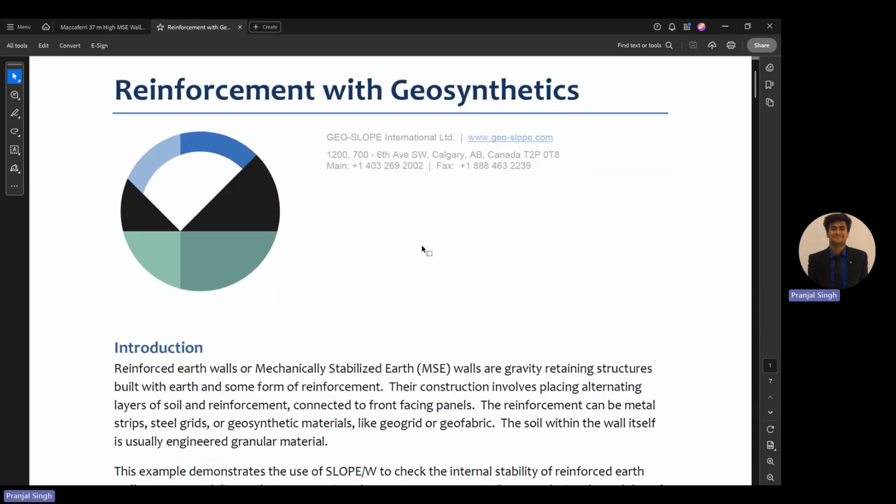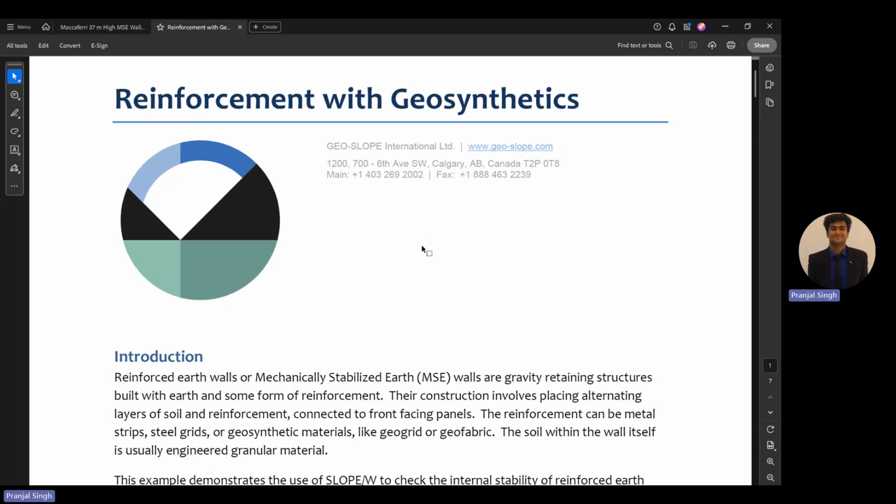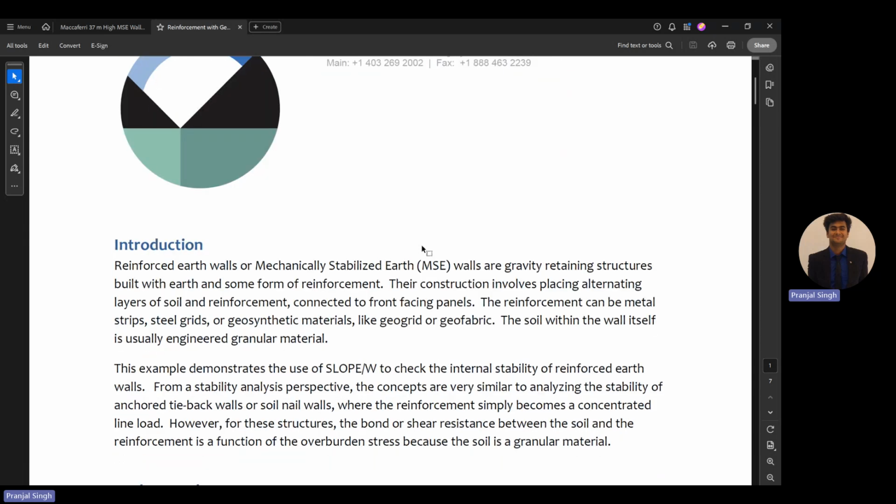So we'll start by discussing a very simple case of a reinforced soil wall with geosynthetics. This problem was also discussed in the first session, but since you had not studied the theory by then, it's good to revisit this problem again since we have studied the theory.